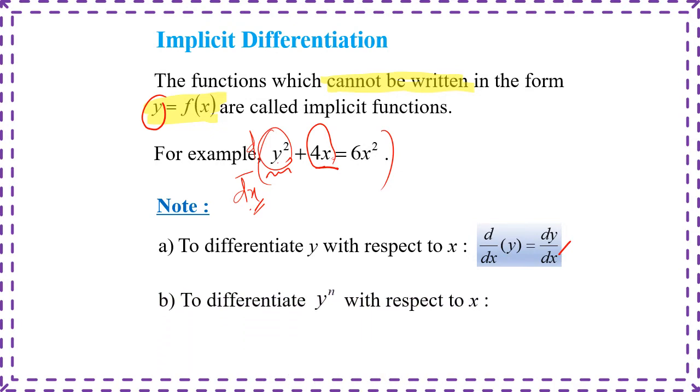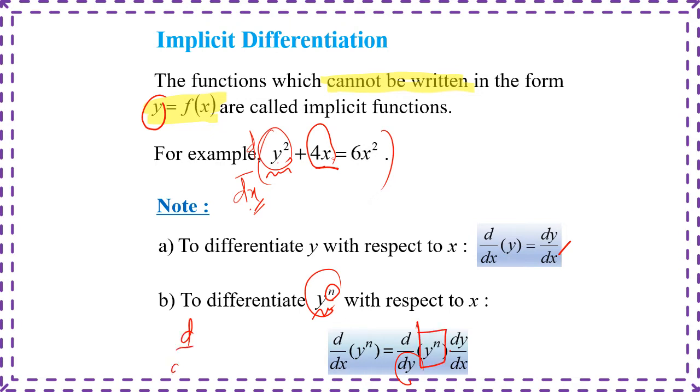And then to differentiate y to the power of n with respect to x, we have to use this formula. Applying the chain rule, we are differentiating y to the power of n with respect to y, and then we multiply by dy/dx. Differentiating y to the power of n with respect to y is the same as differentiating x to the power of n with respect to x, the same variable, so we can directly apply the basic rule. x to the power of n becomes n x to the power of n minus 1.